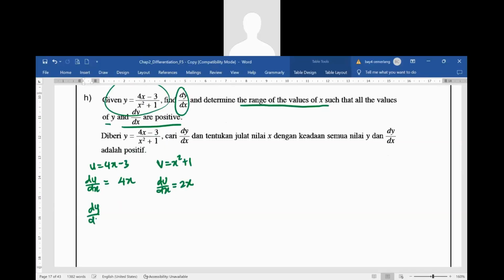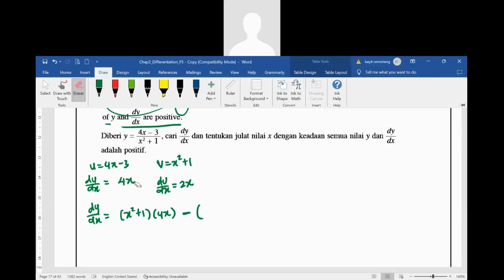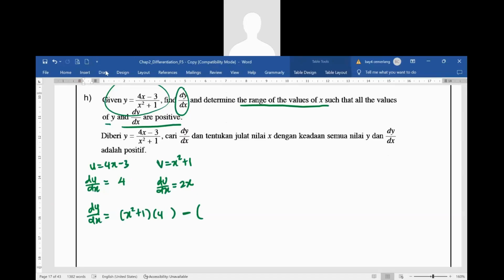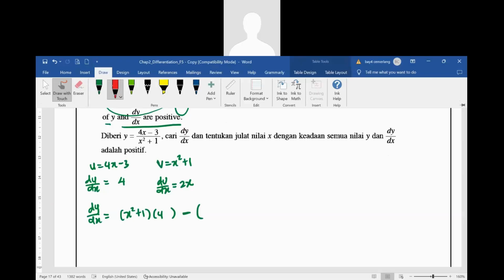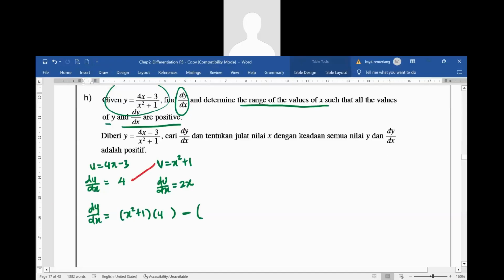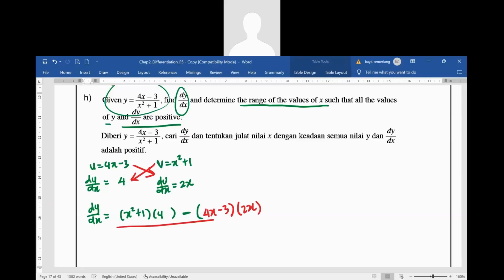So your dy/dx is equal to, start from v, x squared plus 1 multiplied by 4, minus 4x minus 3 multiplied by 2x, and then divided by v squared. Sir, the du over dx is only 4? Yeah, correct, only 4. Sorry, my bad.